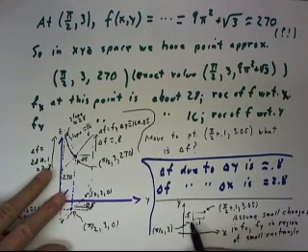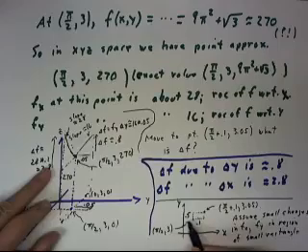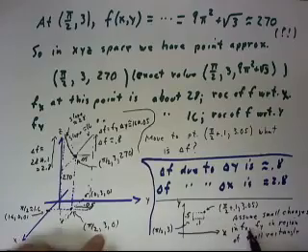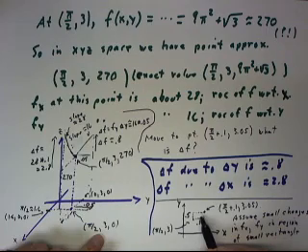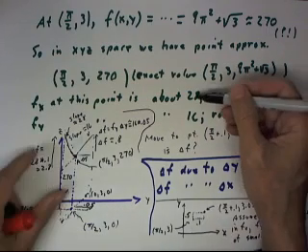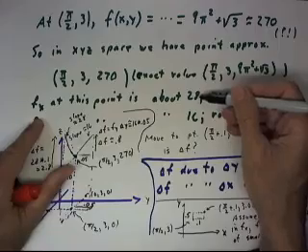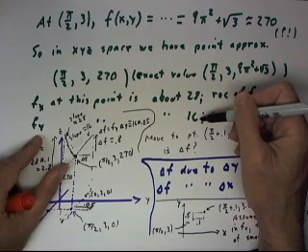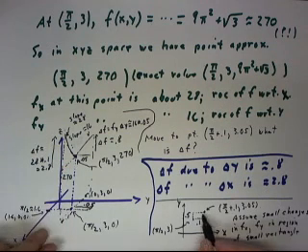In other words, you've got a small rectangle, 0.1 units by 0.05 units, with corners at pi over 2, 3, and pi over 2 plus 0.1, 3.05. If we were to evaluate fx and fy at any point within this region, we're assuming that the value of fx, the partial derivative with respect to x, won't vary a lot from 28. Fy won't vary a lot from 16.